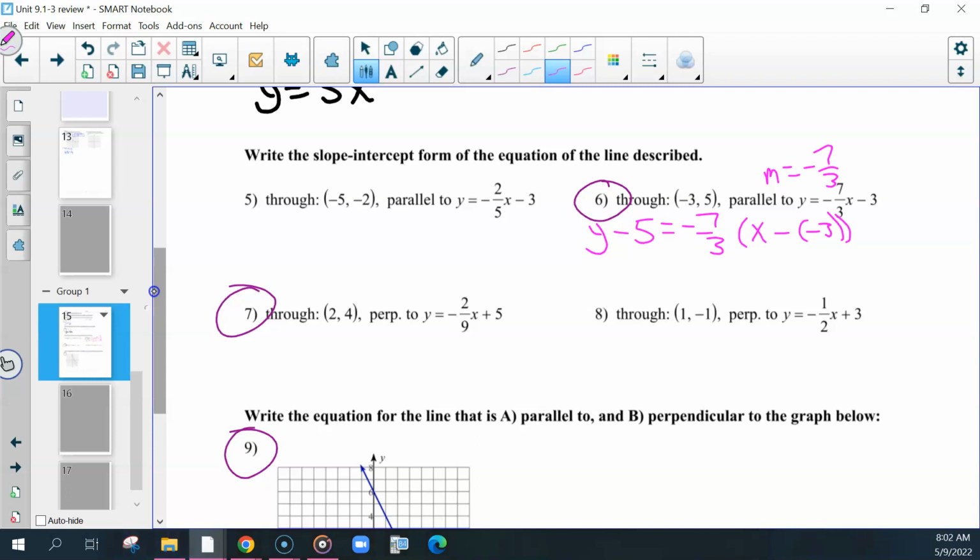And then we could change the negative to a plus, and then distribute and solve for y. Y minus 5 equals -7/3 x minus 7. And add 5 to both sides.